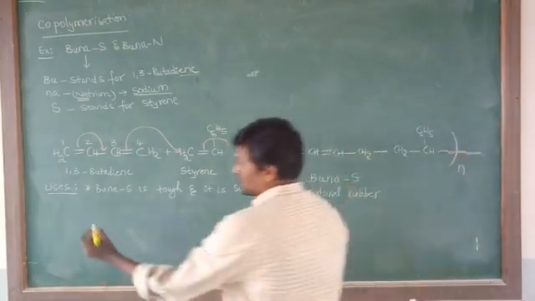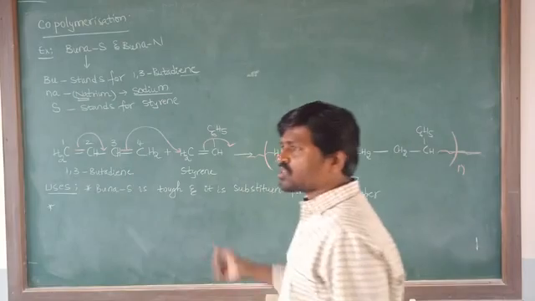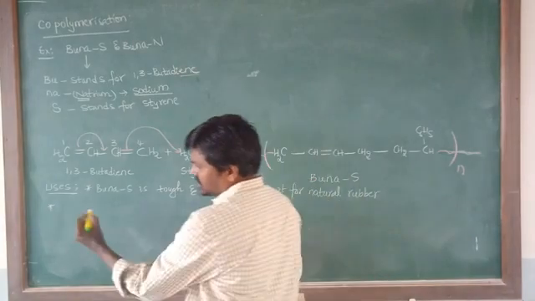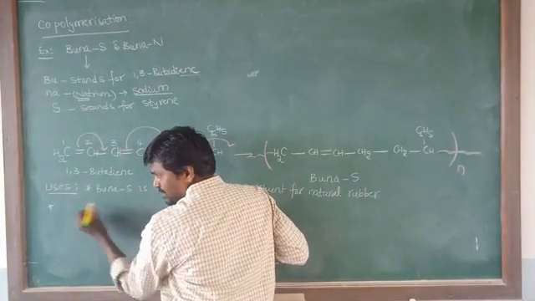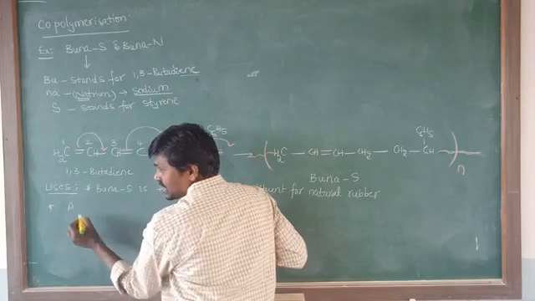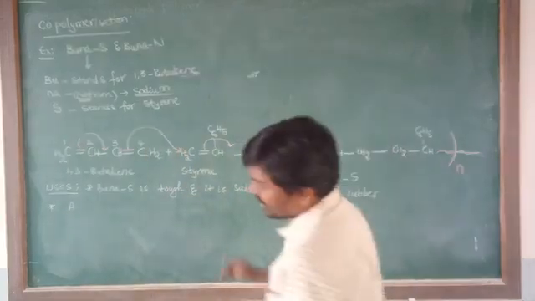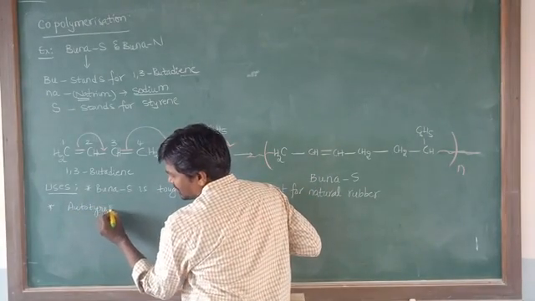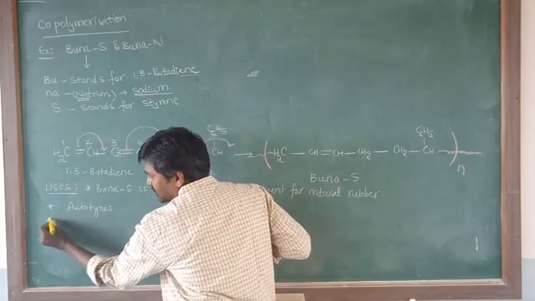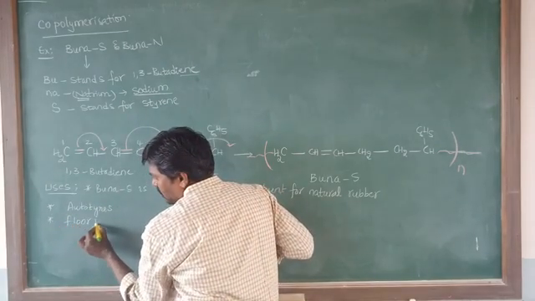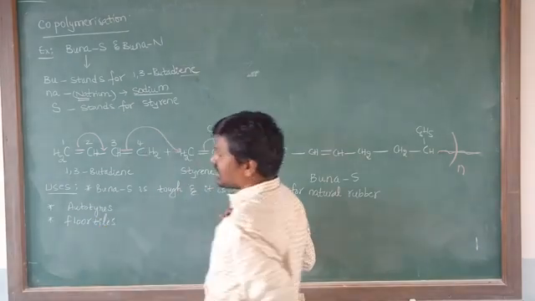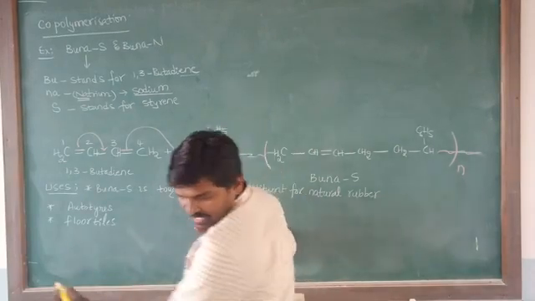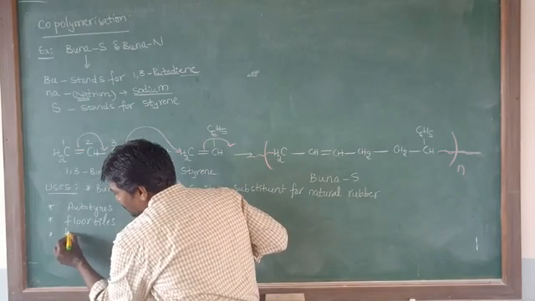Next, coming to the next point, uses here. Where are we using this Buna S? It is used in the manufacture of tyres, auto tyres. Next one is floor tiles. They are also used in the manufacture of floor tiles.